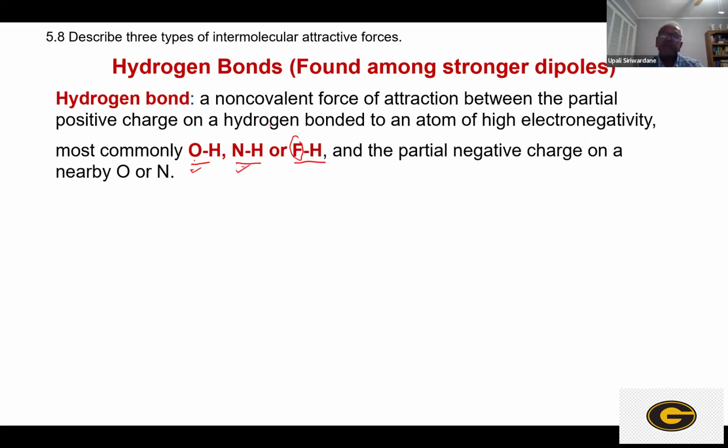However, all these three dipoles are stronger than any other dipole. When these dipoles are present in molecules, particles containing these strong dipoles strongly attract each other. Therefore, it overshadows London dispersion as well as any other dipole-dipole attractions.